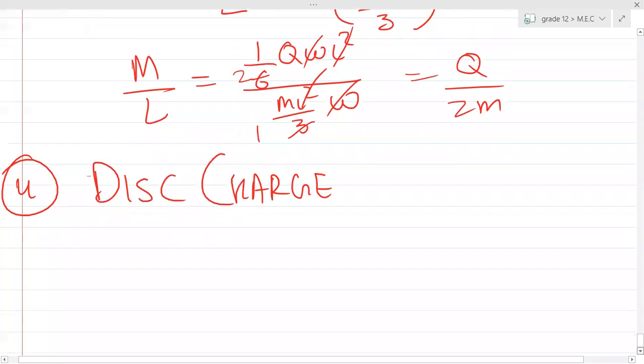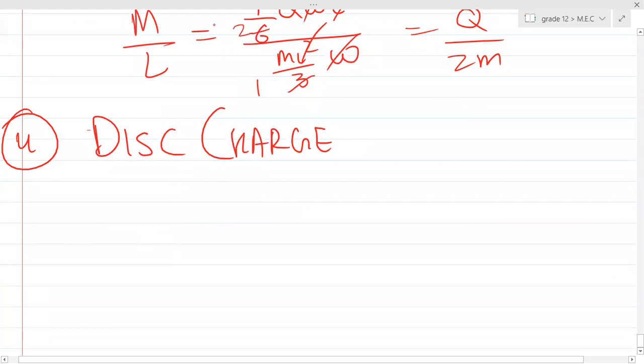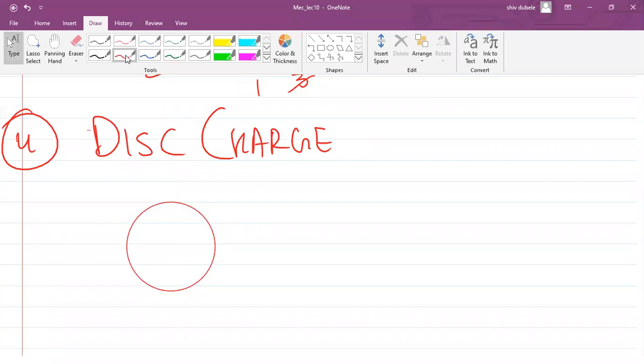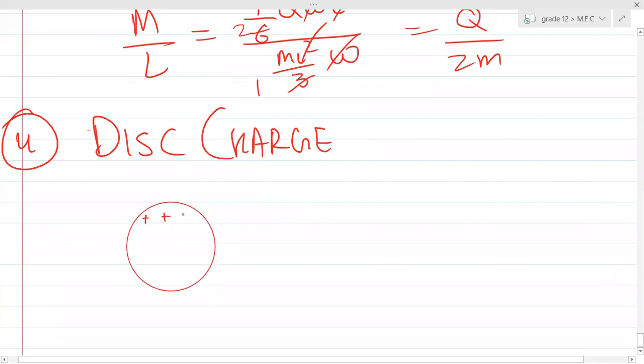Suppose now I have a disk. Now you people will be doing it, I won't be doing it, right? There is a disk, guys, and this disk has the charge plus q distributed uniformly all over it. The charge is plus q, the mass is m, the radius is r, and this disk is rotating about its center with omega.